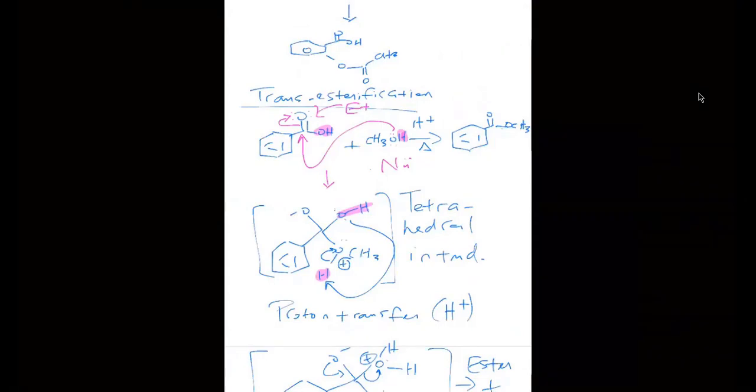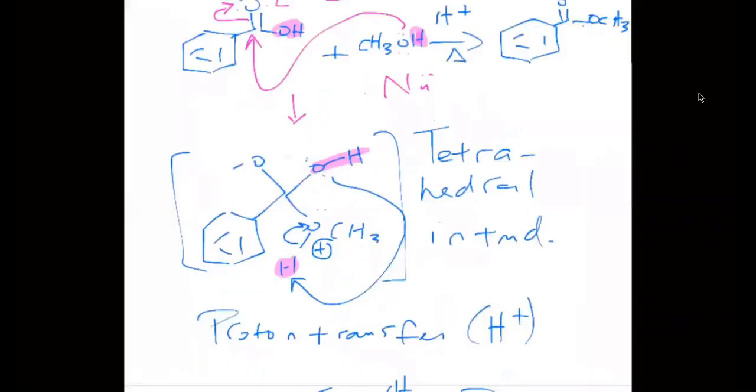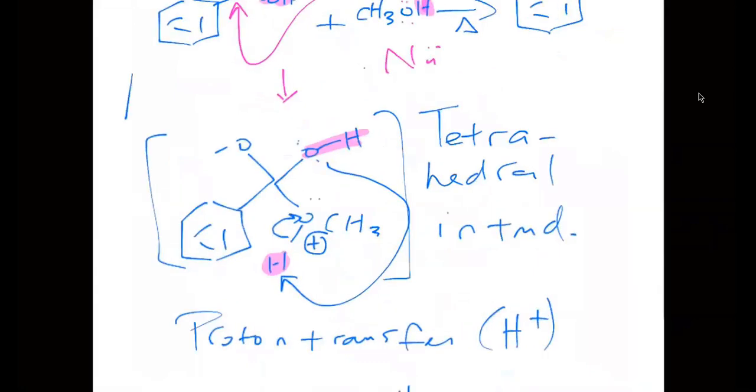But if you remember when we talked about substitution, elimination, addition and rearrangement, you can't substitute on a carbon that's sp2 hybridized. Addition? Yeah, it's an addition. It's an addition followed by what? So the first step is addition. I agree with that. That's good. So this part is an addition.